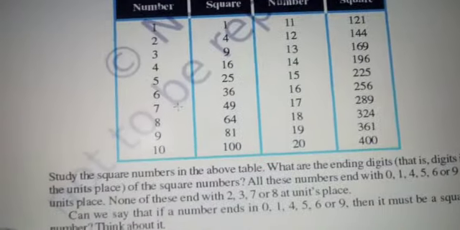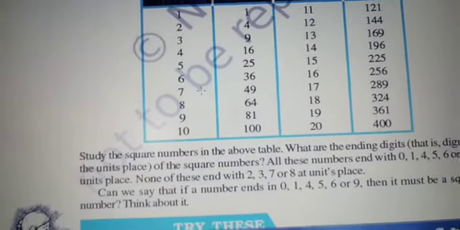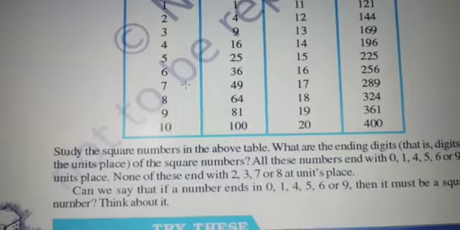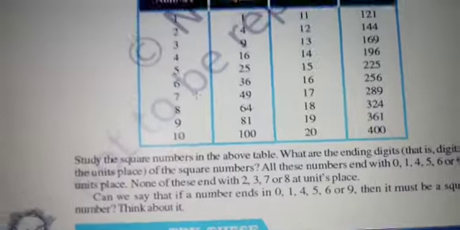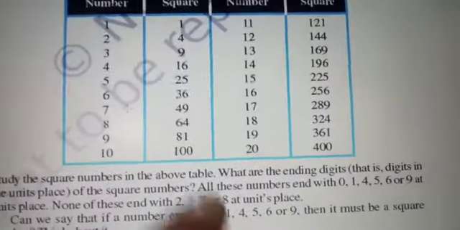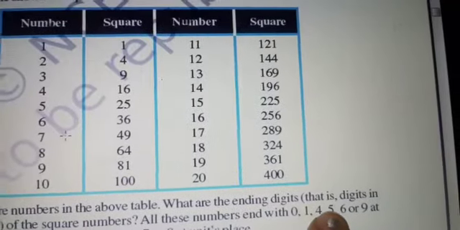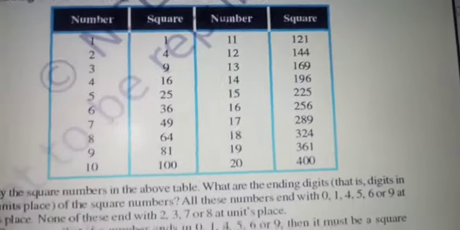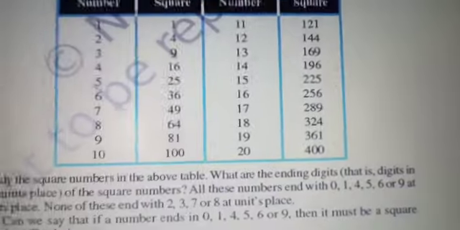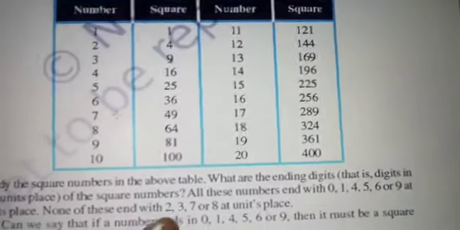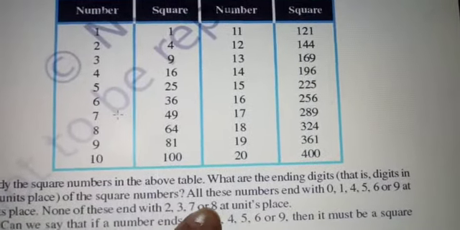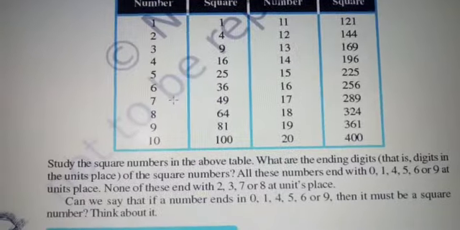If they give you one number and ask whether it is a square number, we can easily find that if the number ends with 0, 1, 4, 5, 6, 9, then it can be a square number. If it ends with 2, 3, 7, 8, then it is not a square number.